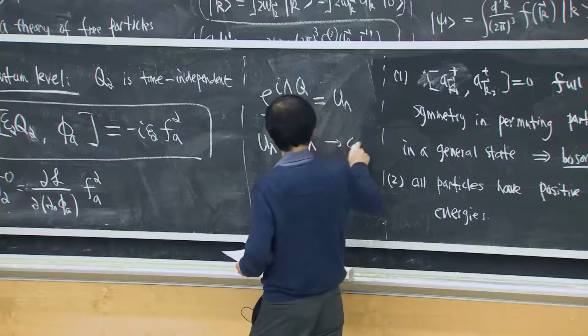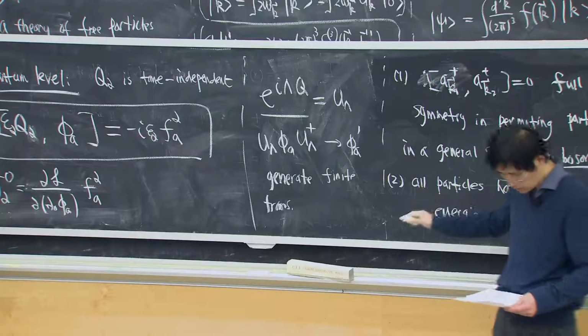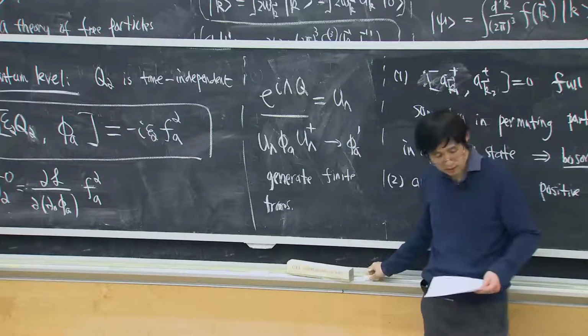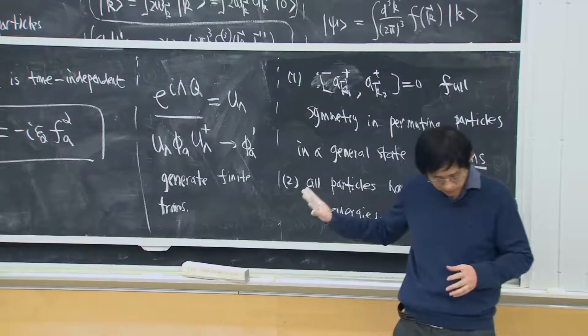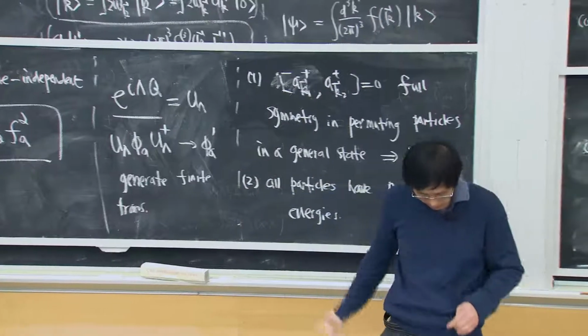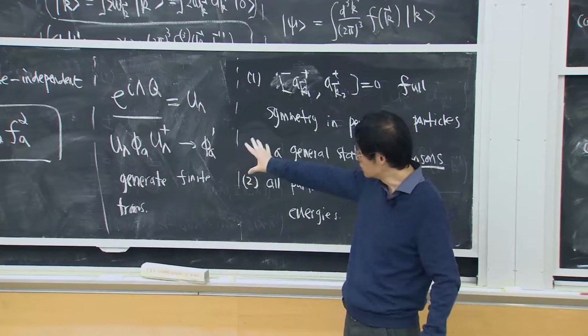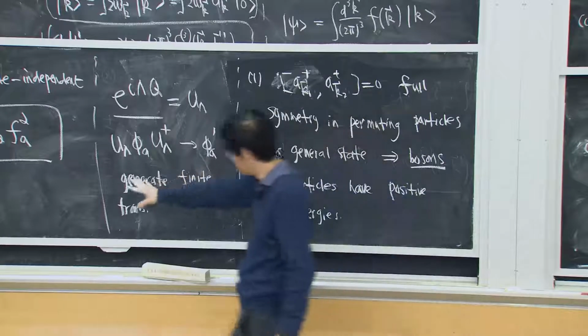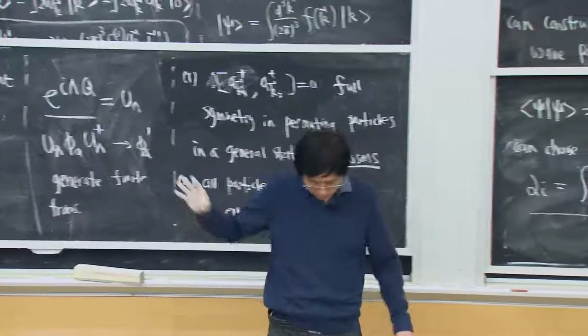So this takes you to phi_A prime, the finite transformations. Anyway, in your problem set 2, you will check yourself a couple of simple examples, and you will see this works. And in the next lecture, we will give you a simple derivation to show this actually works in general.